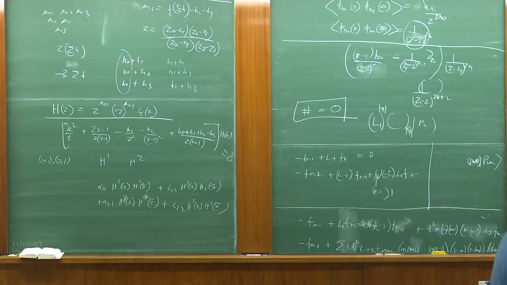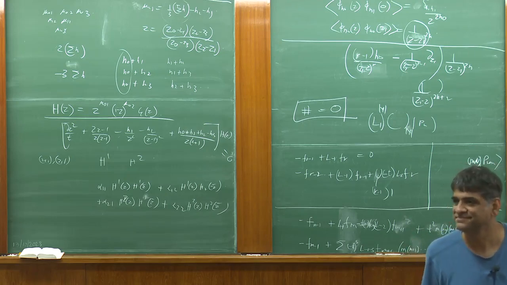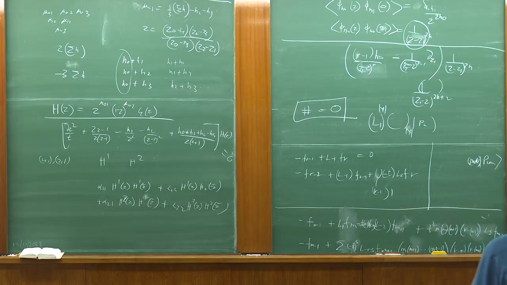So this turns out to be the easiest way to determine the 3-point functions: to find the 4-point functions and read off the 3-point functions from them. Okay? Excellent. Any questions or comments about this?